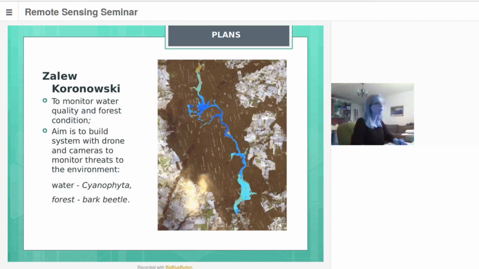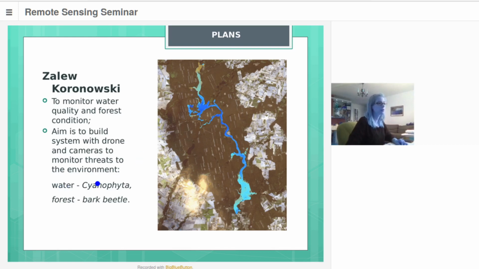And in this project, we want to monitor both water quality and forest condition. We have 2 teams, one for water and one for forest. And the aim is to build a system with a drone and cameras to monitor threats to the environment.